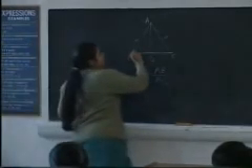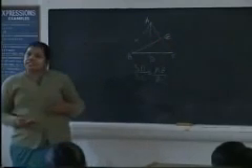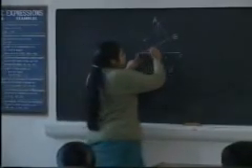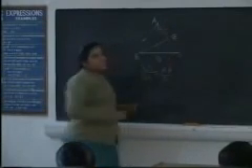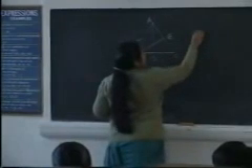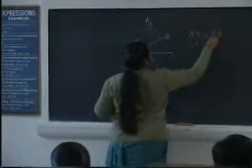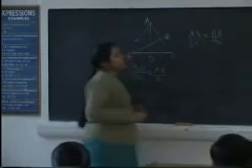Similarly, if I draw the angle bisector of angle B, then the sides containing this angle B are AB and BC. So this BE will divide the opposite side in the ratio of the sides containing the angle. That means AE upon EC is AB upon BC.